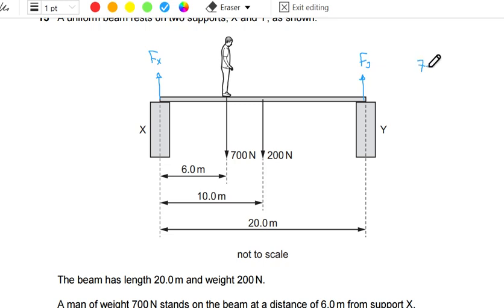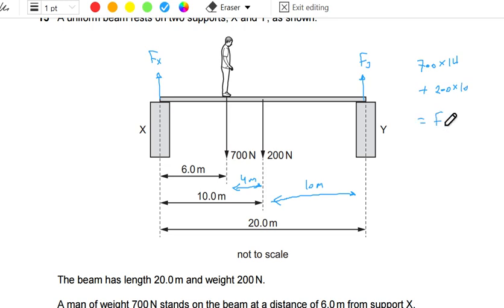So we have 700 times distance, perpendicular distance from Y, which is, this distance is 10 meter, and this distance is 10 minus 6, so it is 4 meter. 10 plus 4, it is 14, plus for the 200 Newton, we have 10 meter.